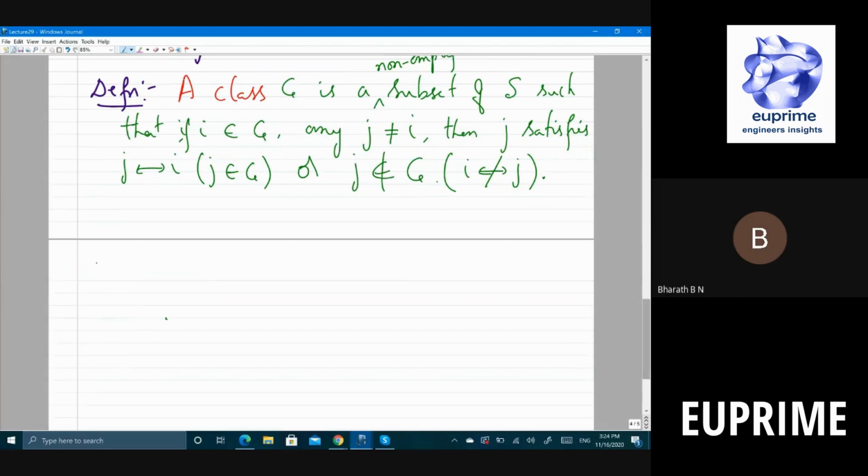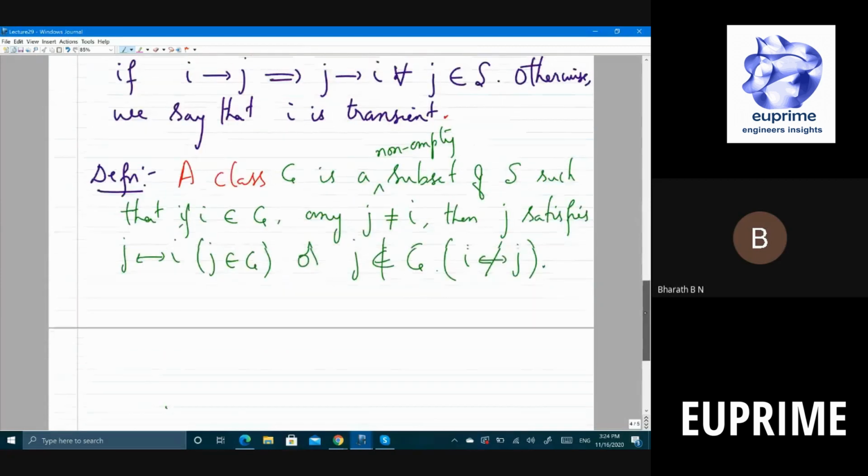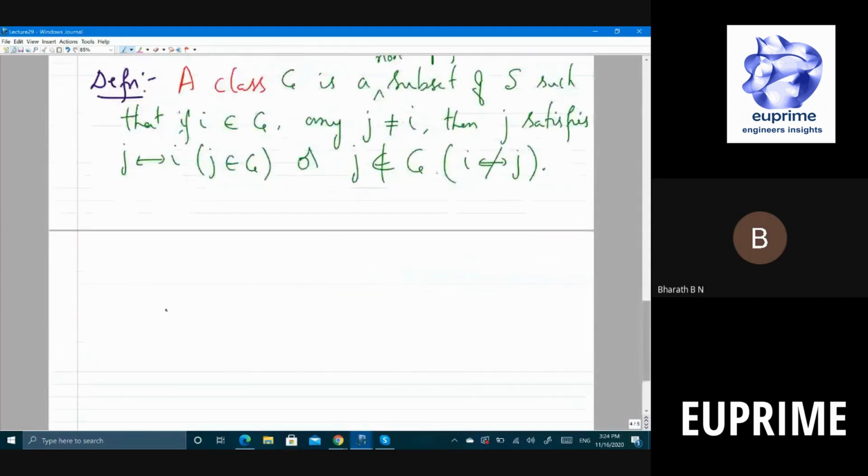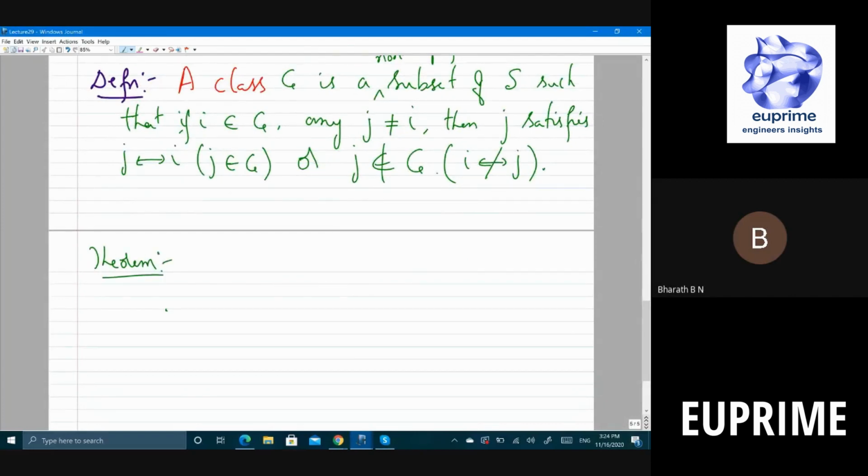Okay, so now what does this lead to? We have two notions now. One is the notion of class, and the other one is the notion of recurrent. So this results in a theorem, or a result. I'll state this and explain.